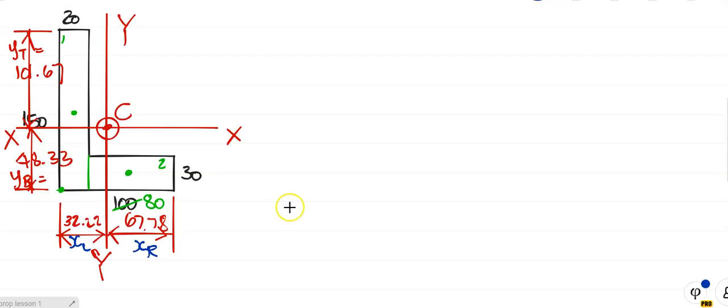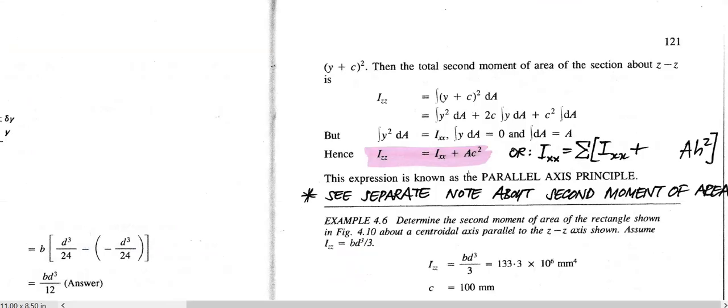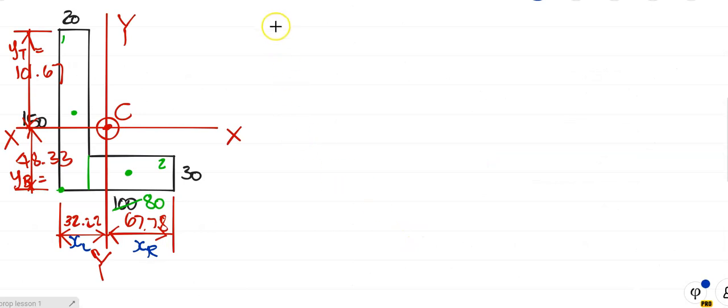Casting my mind back to the formula, there's the formula from the notes I gave you. It says either that or that. I'm going to use this one here, and we're going to work out the second moment of area about the x axis and the y axis using the parallel axis theorem. I'm going to state it like so.